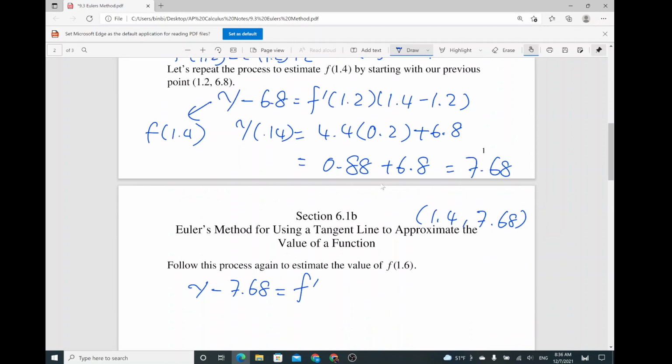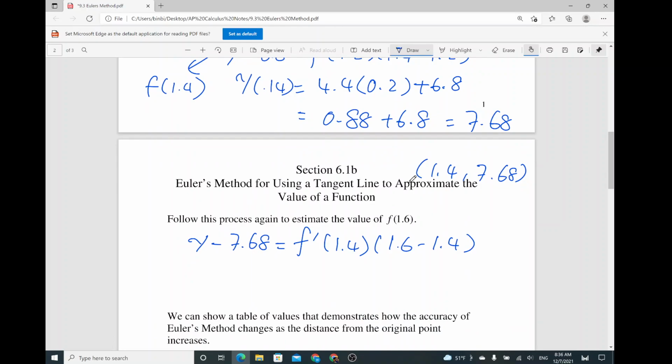This time I need to use f prime of 1.4, times x minus, 1.6 minus 1.4.